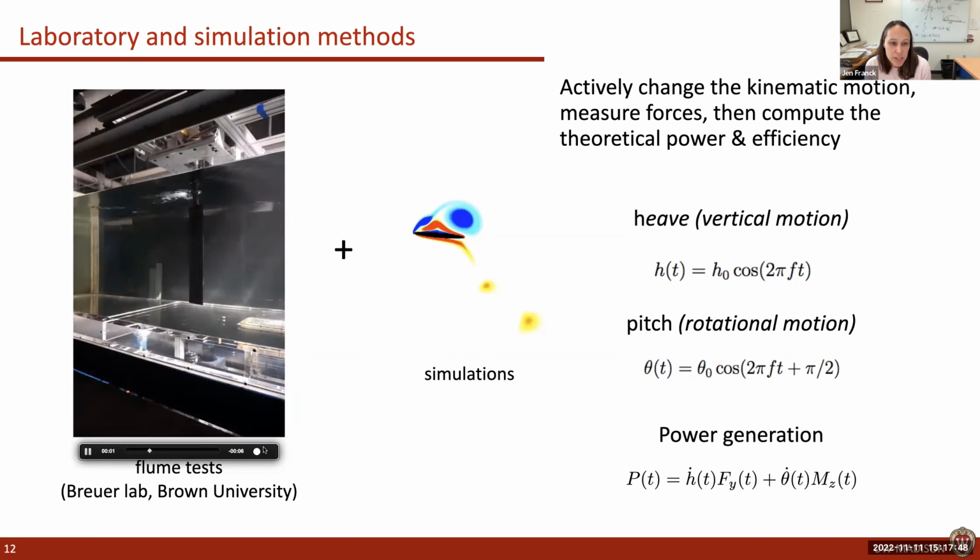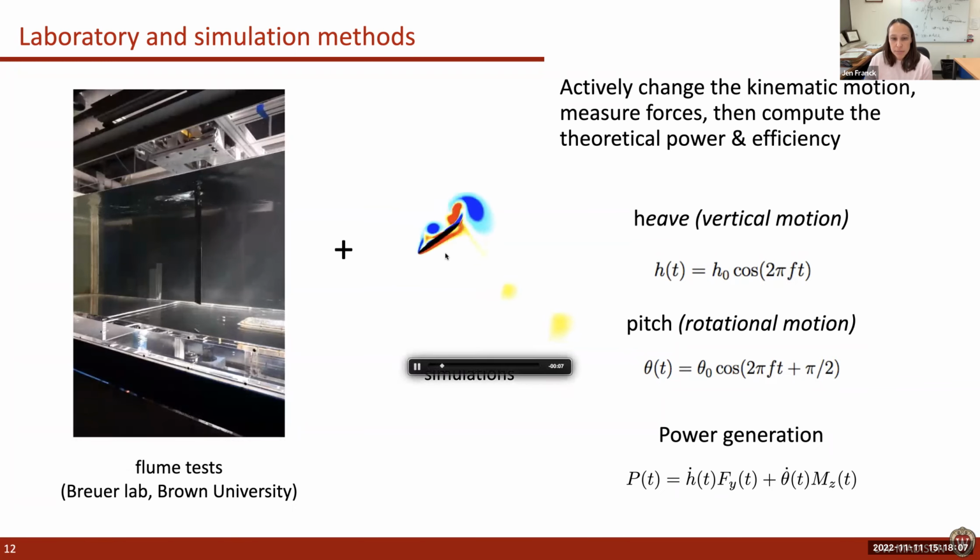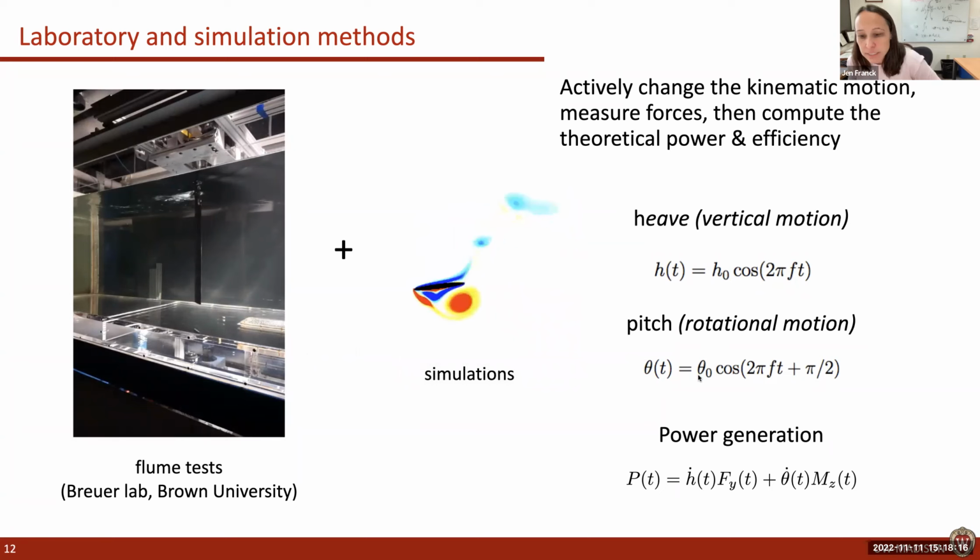In this example, we are not passively moving the foil, but actively prescribing the kinematics. But the resulting forces and power would be equivalent to a passive system going through the same kinematic stroke. And we can do the same thing in the simulation. We can prescribe the motion of this foil, vary the heave amplitude and the pitch amplitude, and then compute the forces in order to compute the total power generation throughout the cycle.